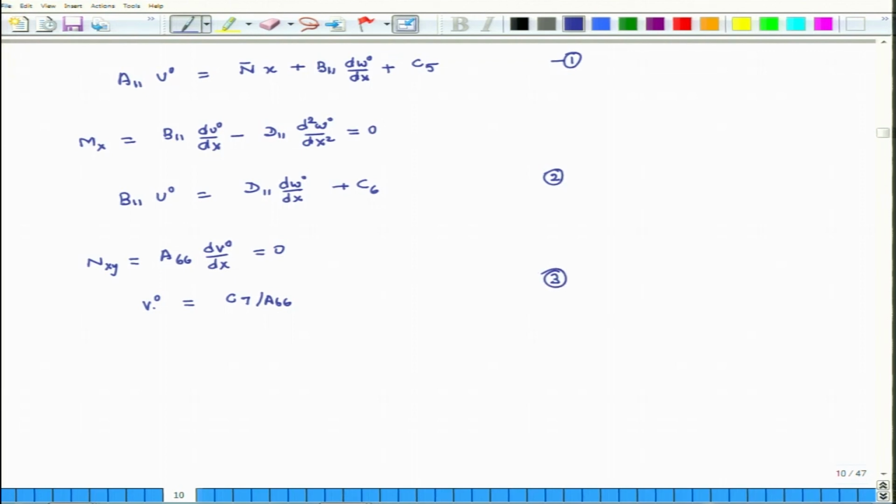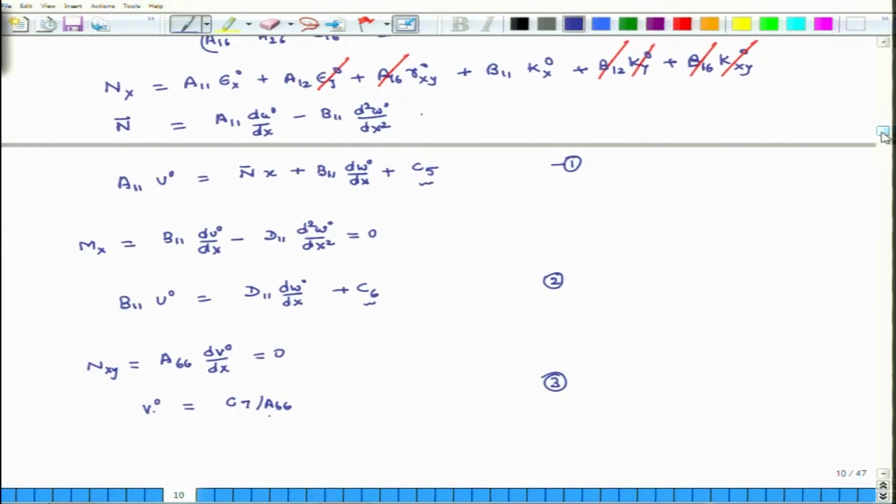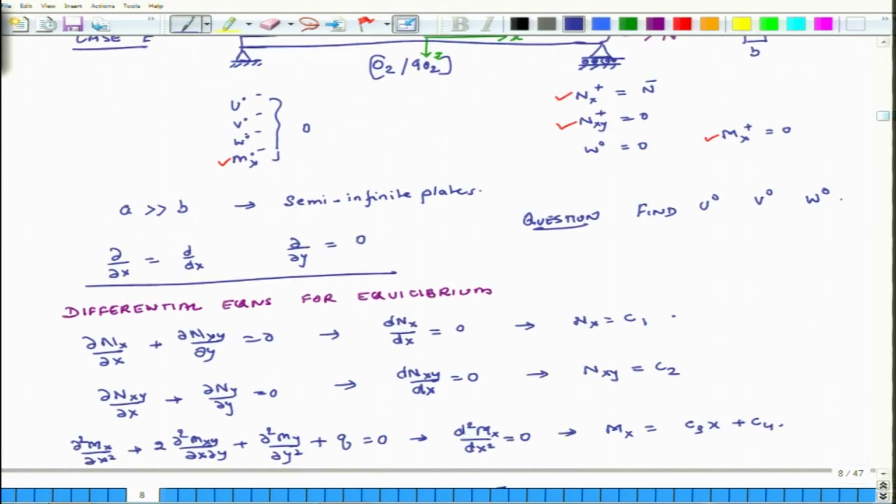Now, how many integration constants do we have? C5, C6 and C7, and we will get one more integration constant when we integrate W, because right now we only have derivatives of W. But before we go there, what is the value of C7? We look at the boundary condition that at x equals minus a over 2, v naught is 0.